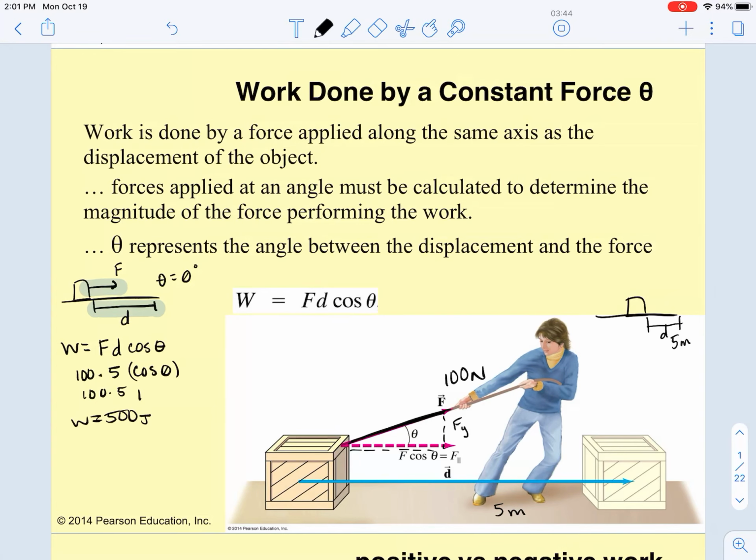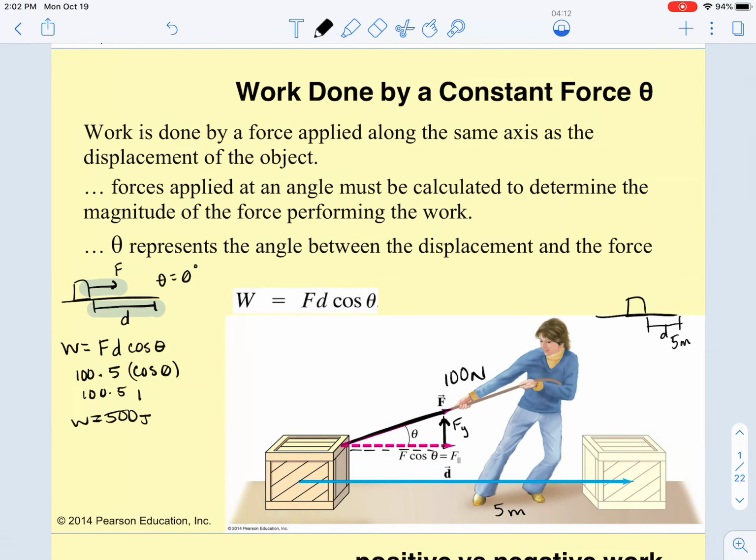So the vertical component that she is applying is actually going to essentially be wasted force because it's not going to be used to do any work to move the box horizontally. Let's just think about this. Her force is upward. The box is moving to the right. That force is doing nothing to work on that box, okay?